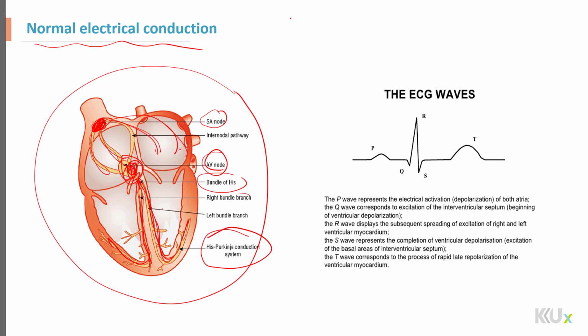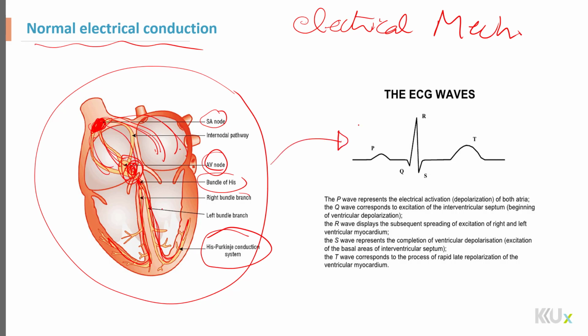Remember when we talked about the electrical mechanical synchronization? That means each step of this pathway is translated into mechanical activity. So when there is a firing by the SA node, when there is an electrical discharge by the SA node, it will be translated into atrial contraction. Atria are the upper chambers of the heart.